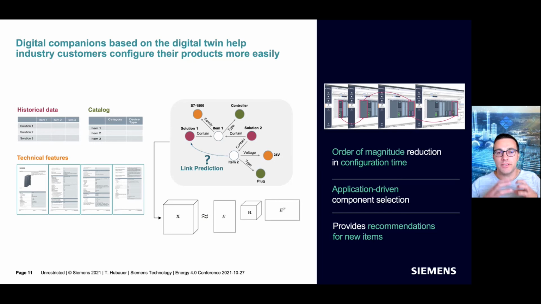And we are using the digital twin of the system, with all its technical features. We're using historic data of user operations to then build a knowledge graph of the system. And we're using a task called link prediction to make proposals for the user of what he or she might in the end want to do.